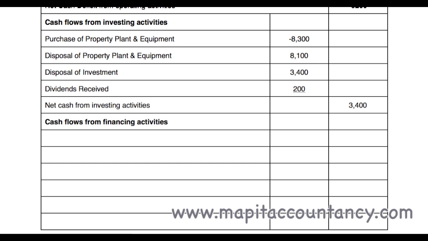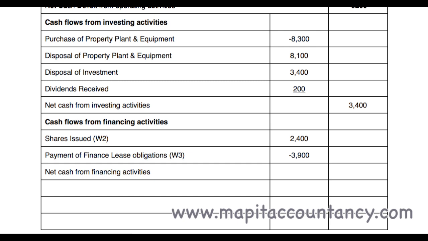Moving on to our next heading, we have our cash flows from financing activities. Well, we dealt with our share issue in working 2, and we found that there was 2,400 of shares issued, so that's money in. We also, in our next working 3, dealt with the payment of finance lease obligations, and we worked out that we'd paid 3,900 in the year, so that's going to be cash out.